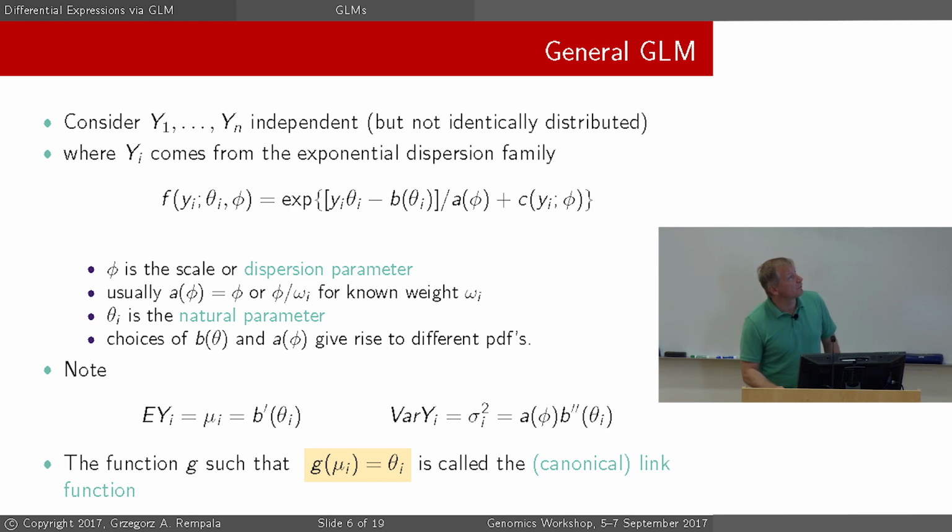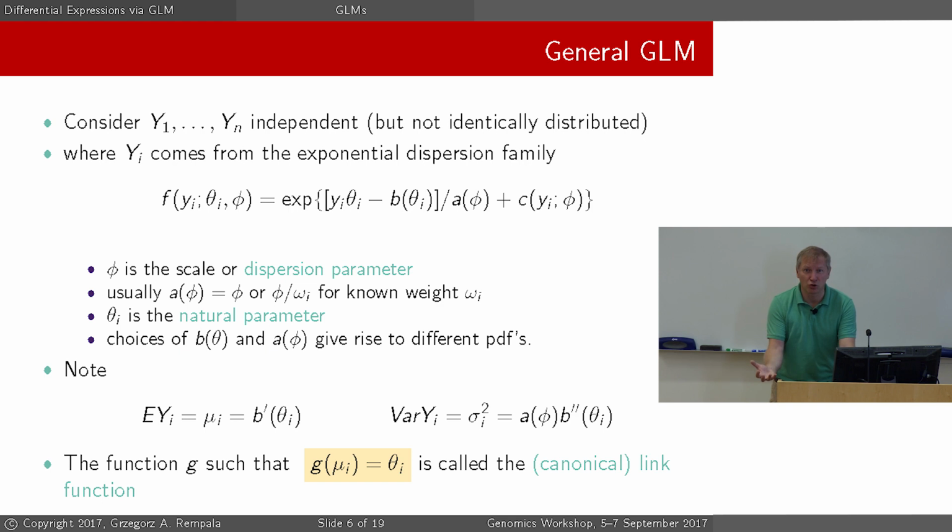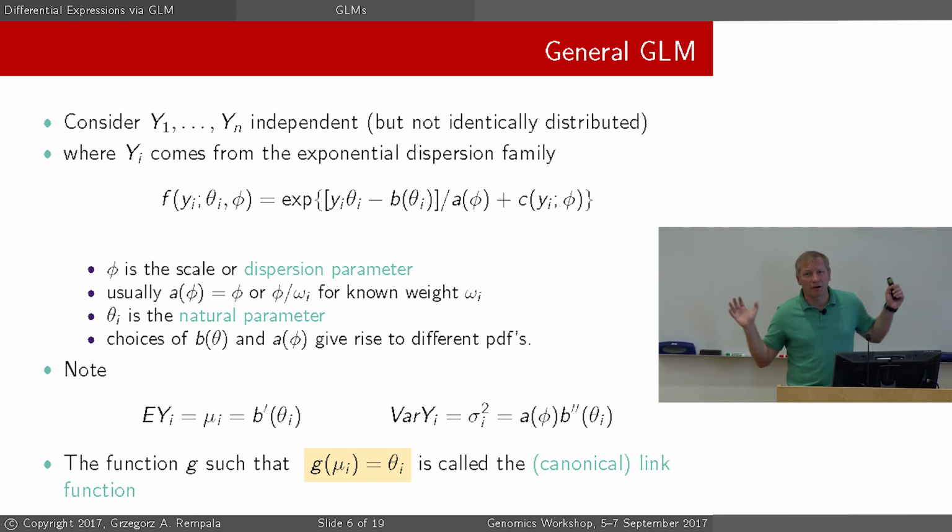It's in the denominator. So it's very important that you have this structure of y times theta, where theta is a potentially unknown parameter, minus something which is only a function of that parameter, divided by something which depends neither on y nor on theta. It has some parameter phi that we basically call dispersion. And then on top of this, you may have some additional factor which only involves y's and phi's, but doesn't involve theta anymore.